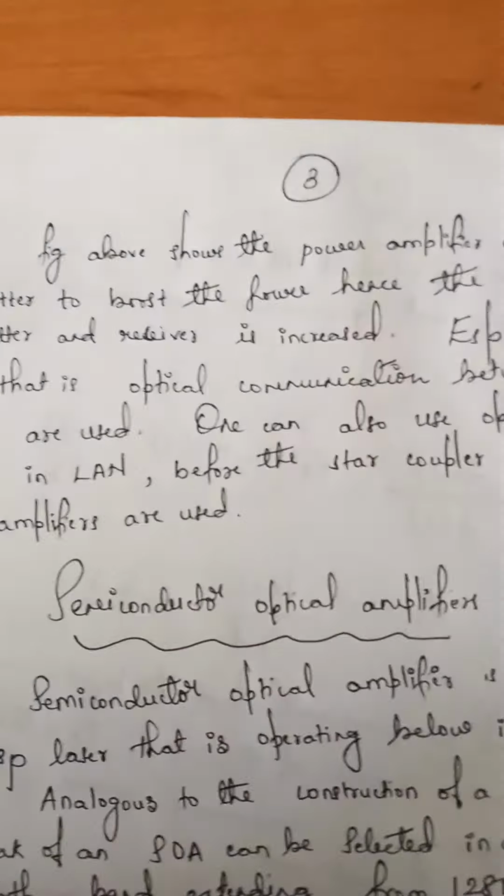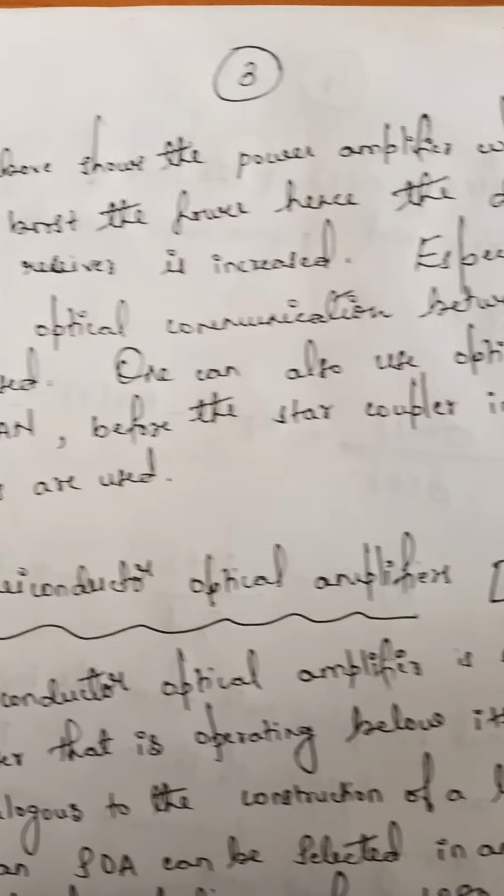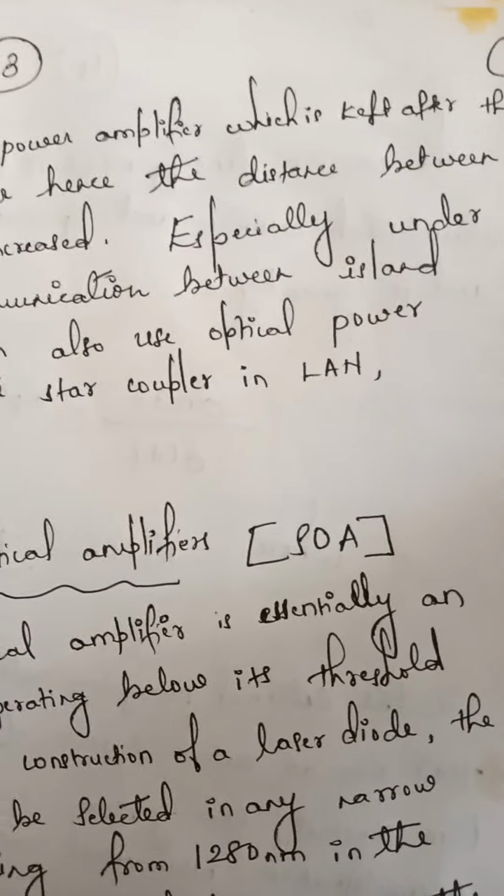As I have shown in the figure, the power amplifier is kept after the transmitter to boost the power. Hence, the distance between transmitter and receiver is increased, especially under sea, that is, optical communication between islands.